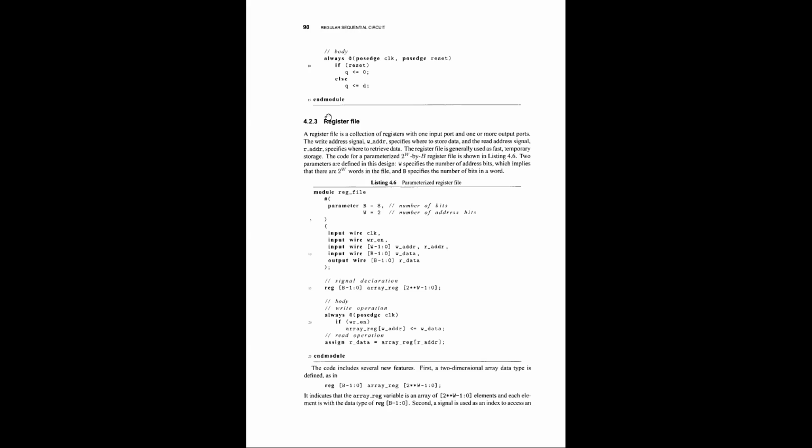It is also called a register file. A register file is a collection of registers. For example, if you combine more than one 8-bit register, it becomes a register file. A register file is a collection of registers with one input port and one or more output ports.